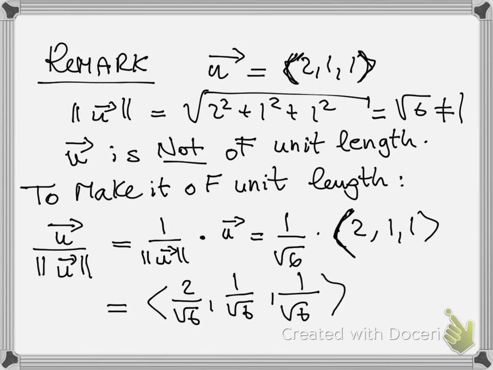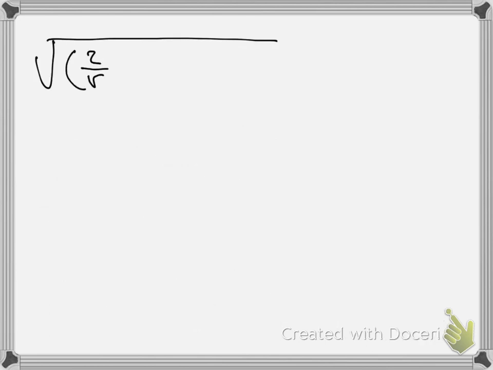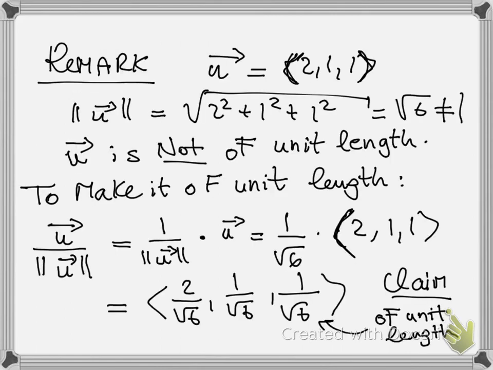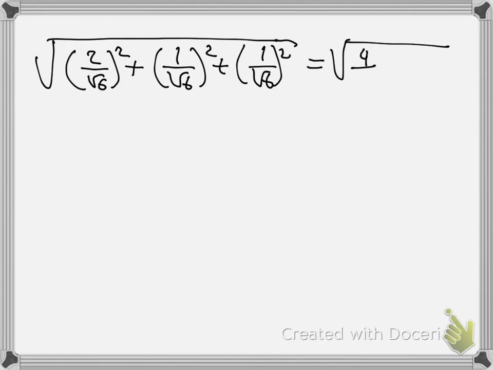Now, I claim that this vector here is of unit length. Because if you do the square root of 2 over square root of 6 squared, plus 1 over square root of 6 squared, plus 1 over square root of 6 squared, that will be the square root of 4 over 6 plus 1 over 6 plus 1 over 6.